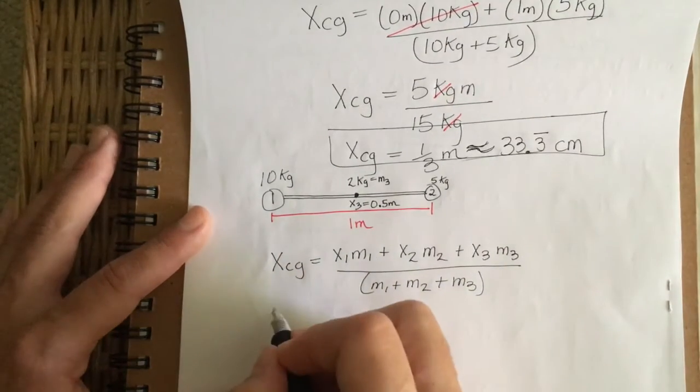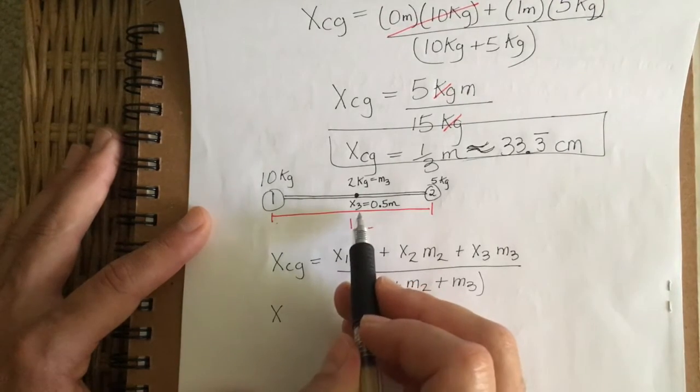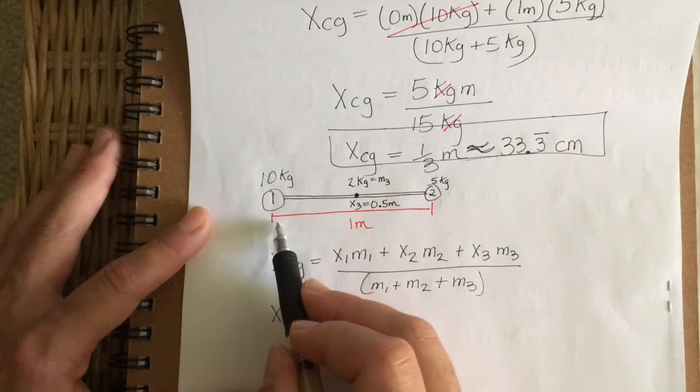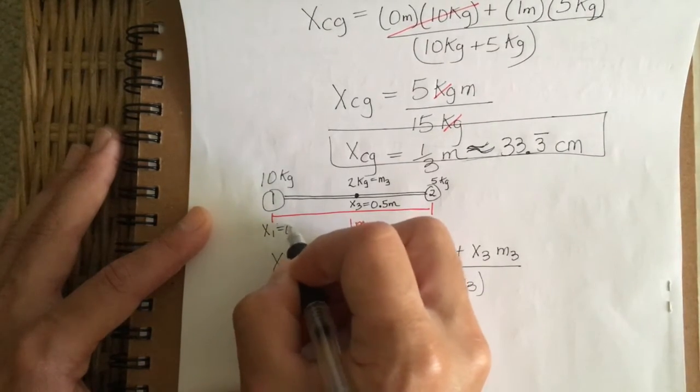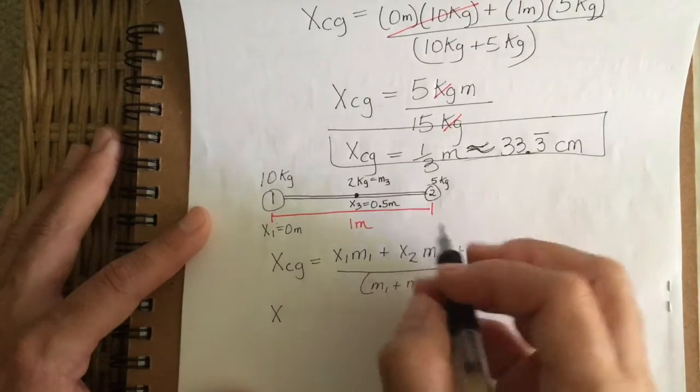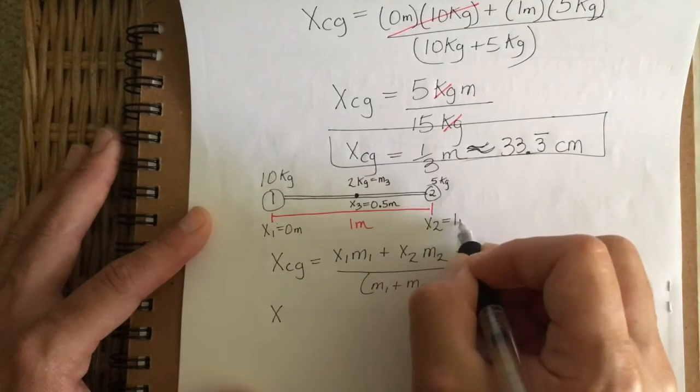All right, let's plug in our values. Once again, we'll call this point position 0 for x1. x1 equals 0 meters, x3 equals 0.5 meters, and x2 is equal to 1 meter.